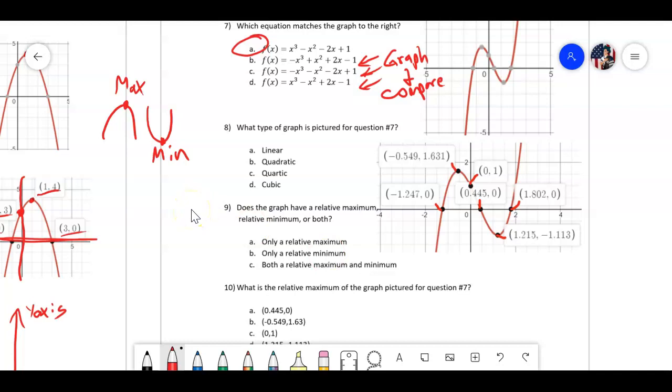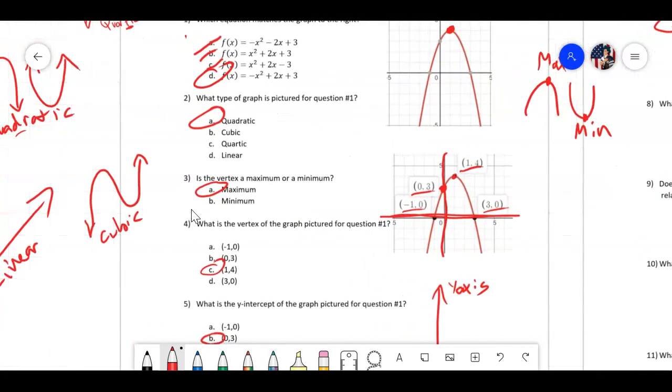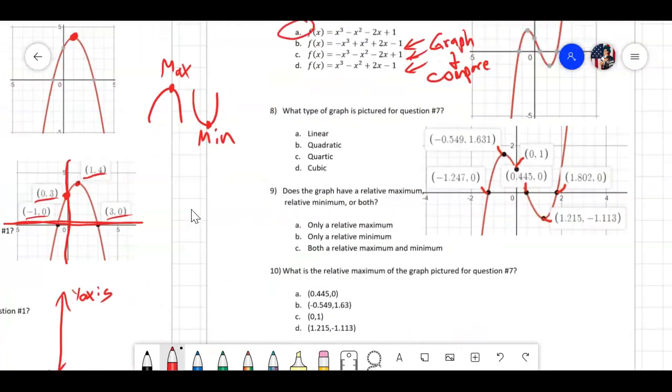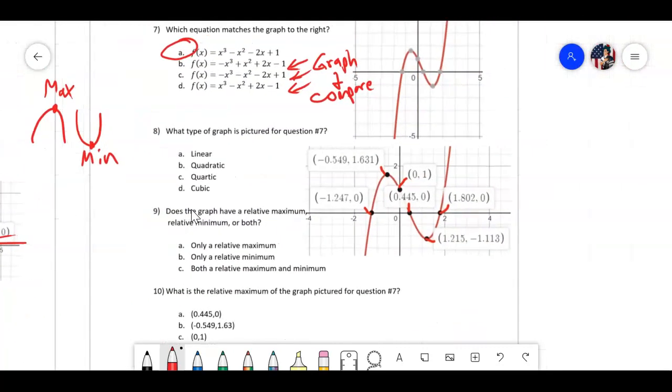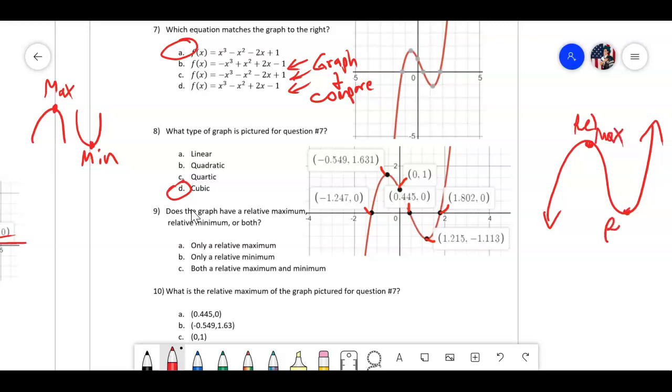What type of graph is pictured up here? So remember this shape, like we said over here, is cubic. Okay, does this graph have a relative maximum, a relative minimum, or both? So remember, on a cubic, this is a relative max, a relative min.